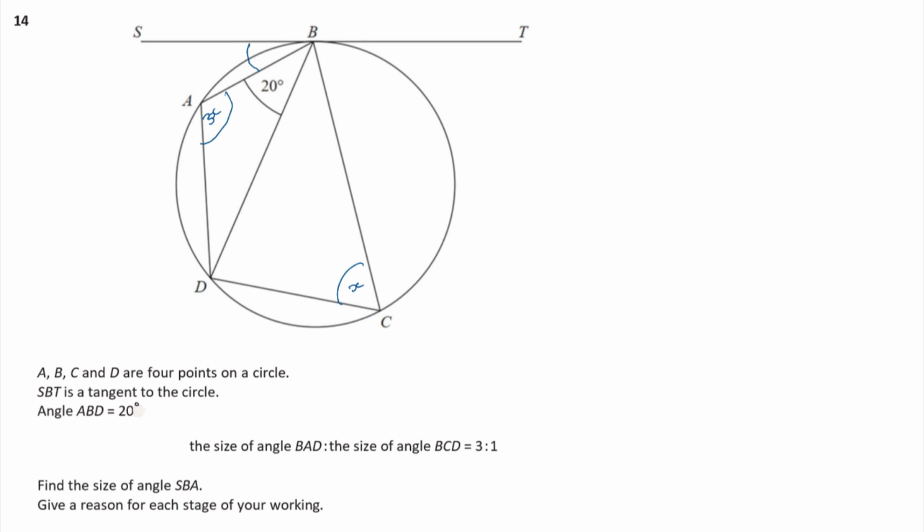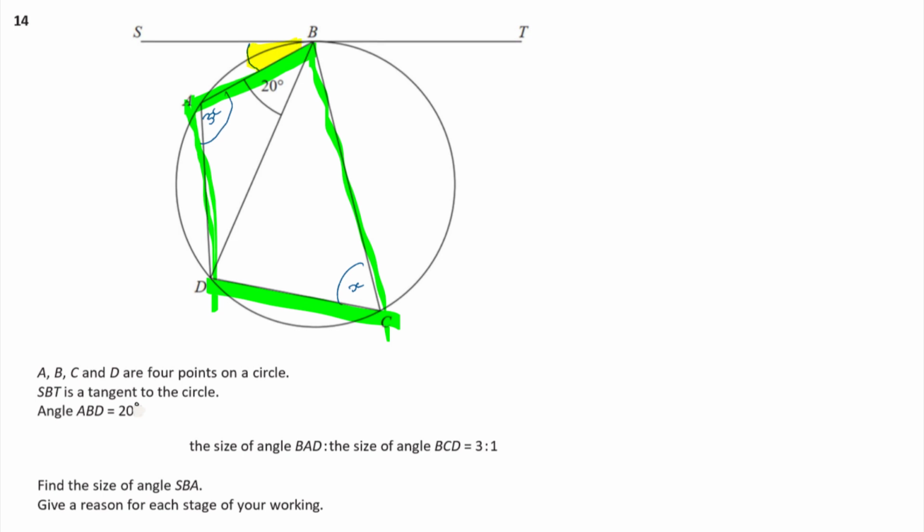I think I'm going to start with the cyclic quadrilateral ABCD, because I looked at it for a little bit and I was trying to work out an in to this question, how I can get started. Normally I wouldn't massively over focus on the thing that I want to find. I want to find this one over here, but it will come.